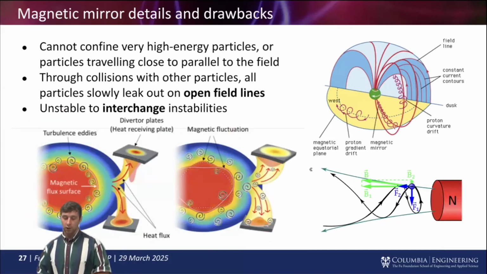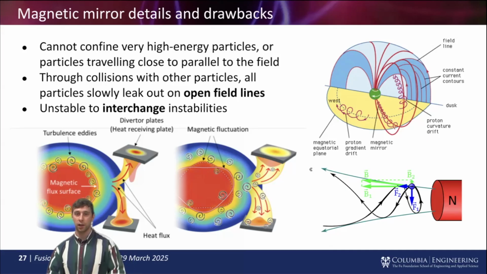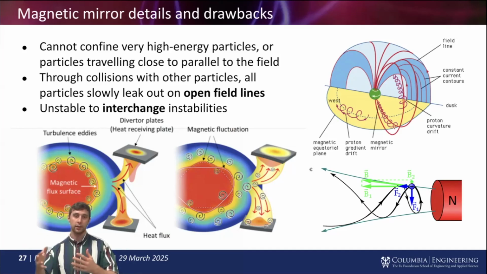So again, the drawback of using this concept is that these very high energy particles, especially ones that are traveling closely parallel to the field lines, will not be confined. And through collisions with other particles, as those particles that are higher energy and more parallel to the field lines leak out, eventually other particles will collide and gain higher energy, or become more parallel to the field lines and leak out as well.